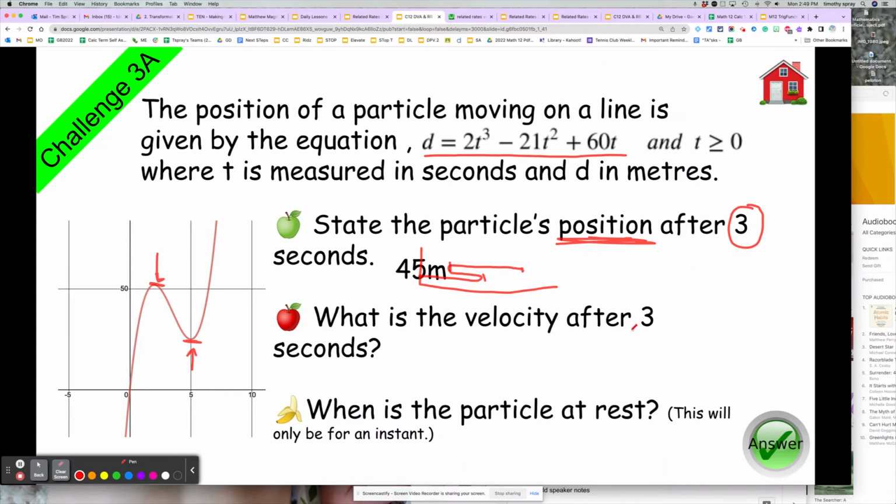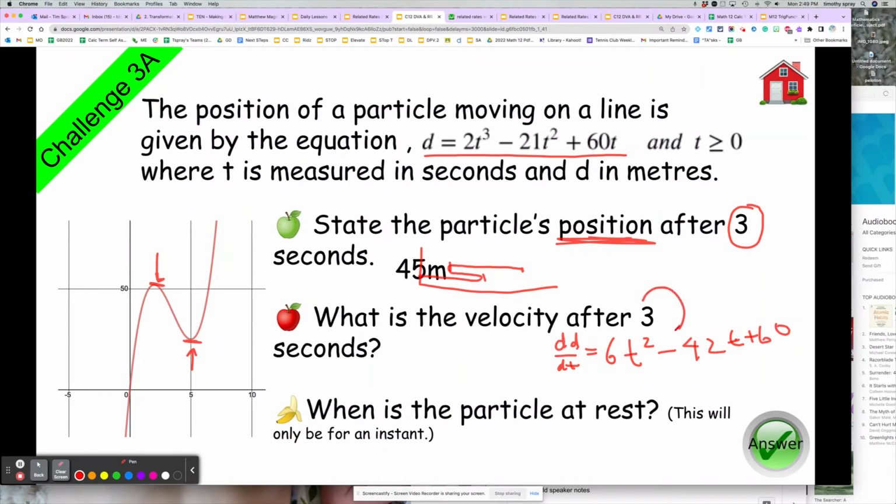What is the velocity after 3 seconds? So in order to answer that question, of course, I'm going to need to take the derivative. The derivative is going to be the change in distance over the change in time, and that's going to equal 6t squared minus 42t plus 60.